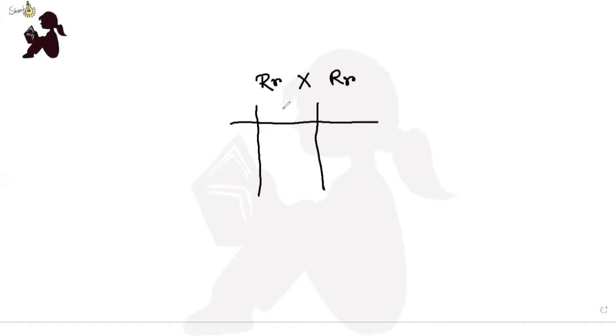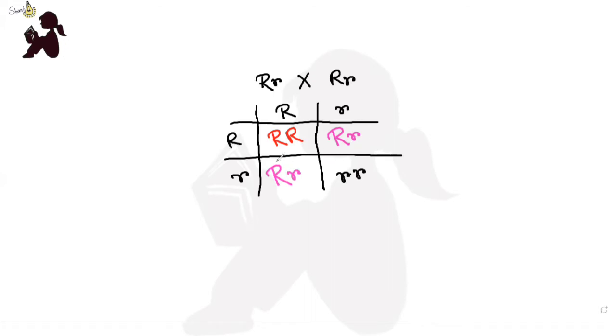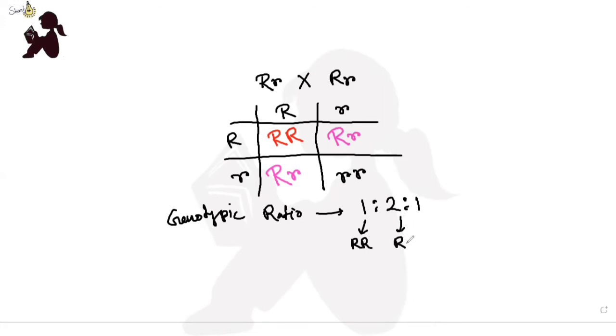The first one is capital R, capital R, then capital R, small r, another capital R, small r, and the last one is small r, small r. So here the genotypic ratio is 1:2:1, where 1 is capital R capital R, 2 is capital R small r, and the last one is small r small r.